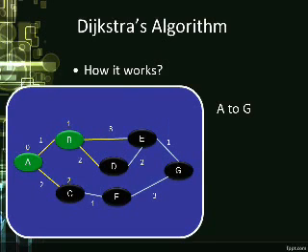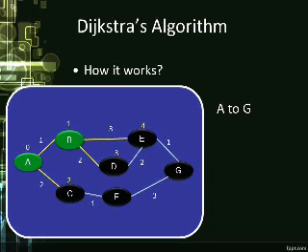First of all, it will check B's value by adding its own value to the length to node B, which is 1, and therefore the value of B will be 1. The same goes for C, whose value is going to be 2. We find the minimum value out of the visited neighbors and put it into the cluster.